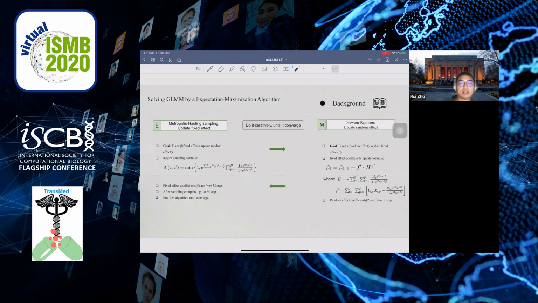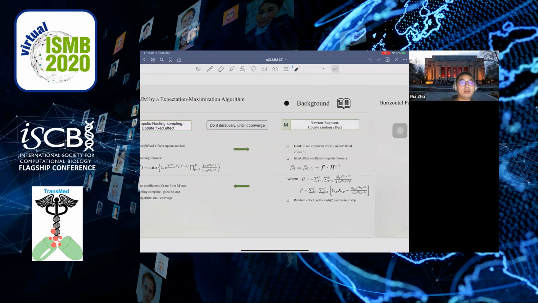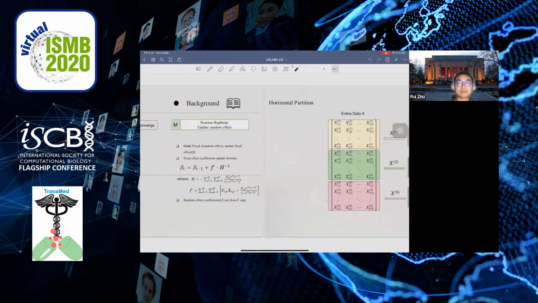So we can use Newton-Raphson to update our fixed effect coefficient beta. So after updating our fixed effect beta, we then jump back to E step again. So do this one by one, iteratively until converge. That's a big picture about the regular GLMM optimization.